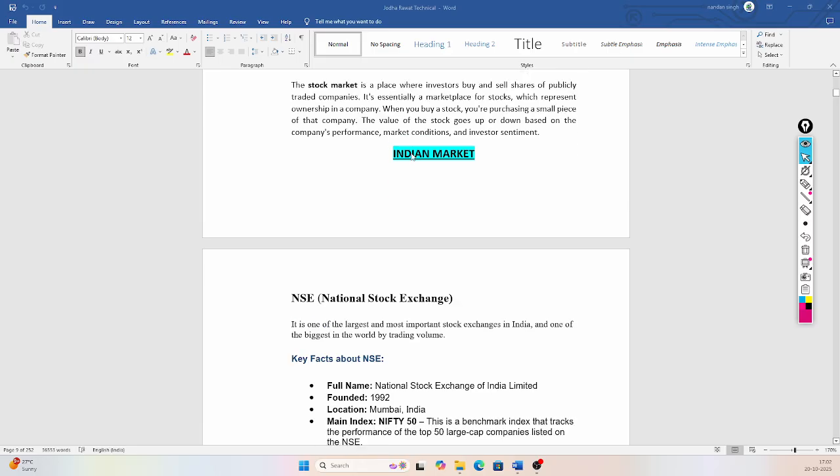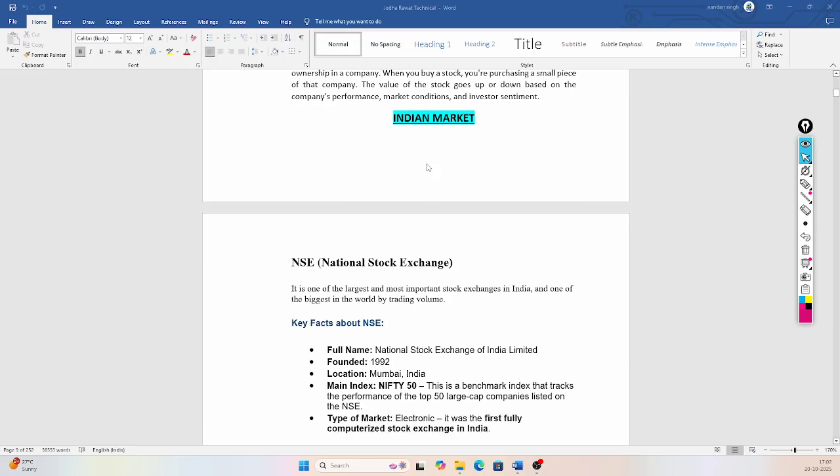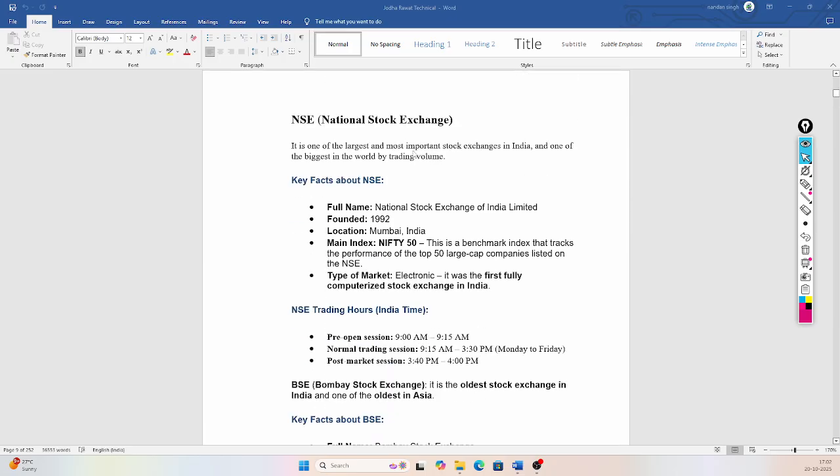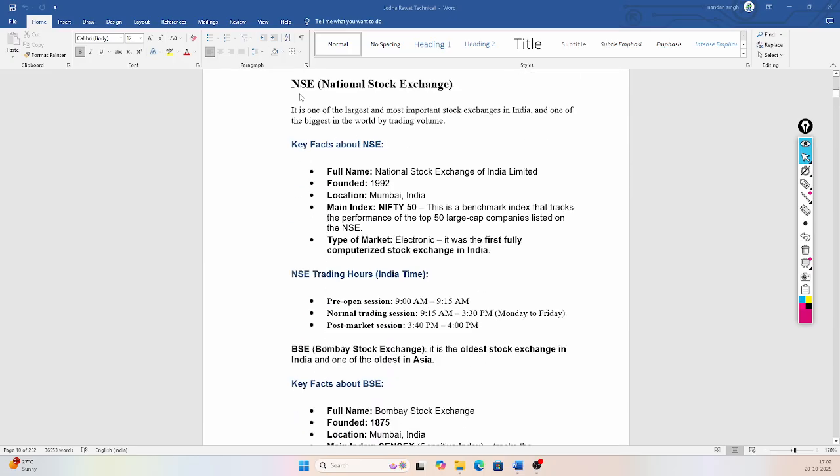So let's learn about the Indian market. Here we have NSE, National Stock Exchange. It is one of the largest and most important stock exchanges in India and one of the biggest in the world by trading volume. Key facts.